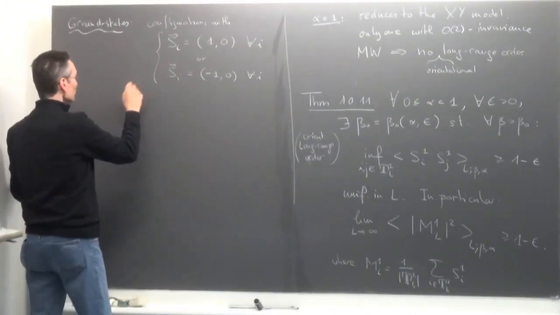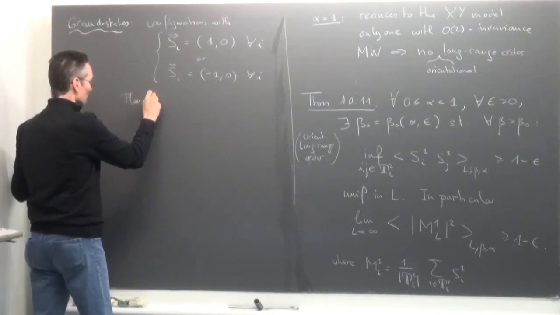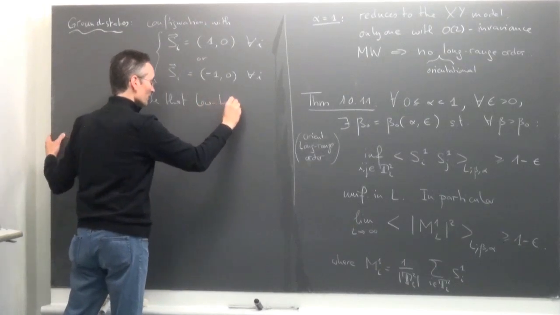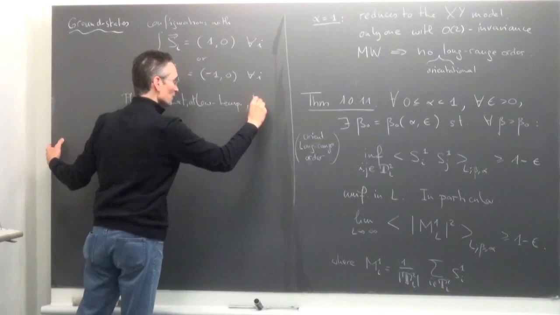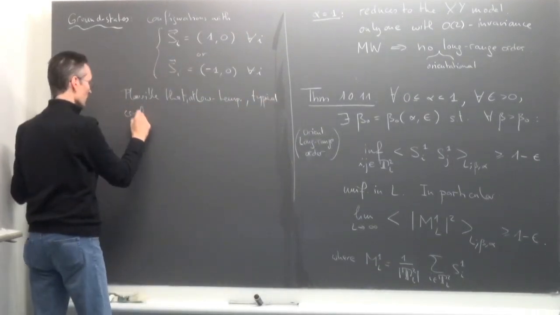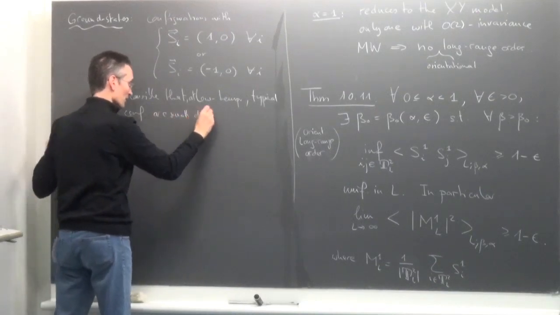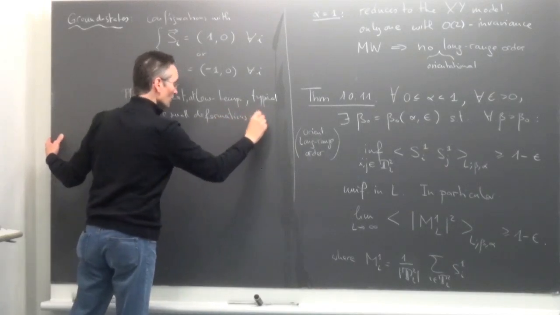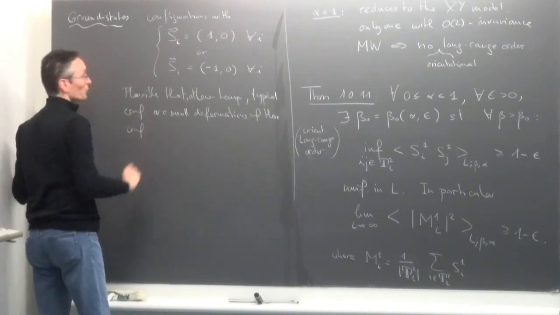So it is plausible that at low temperature, typical configurations are small deformations of these configurations, and that's exactly what we are going to prove.